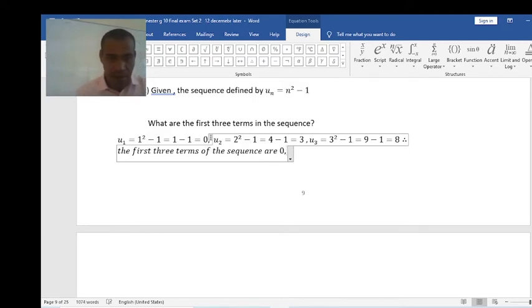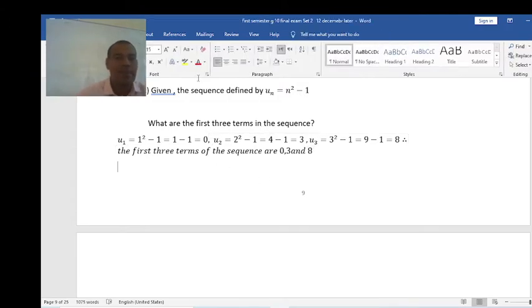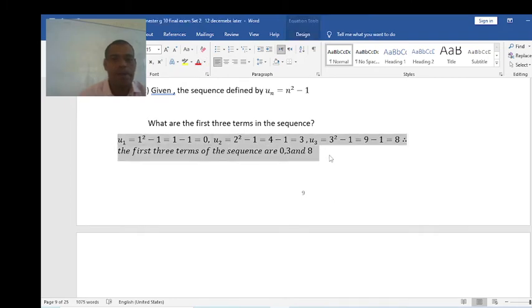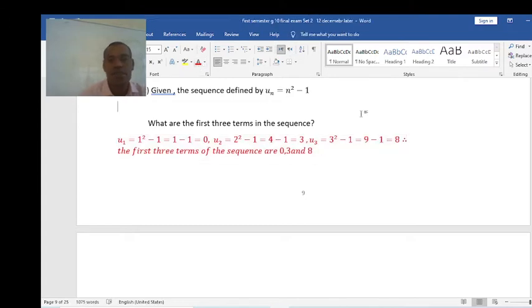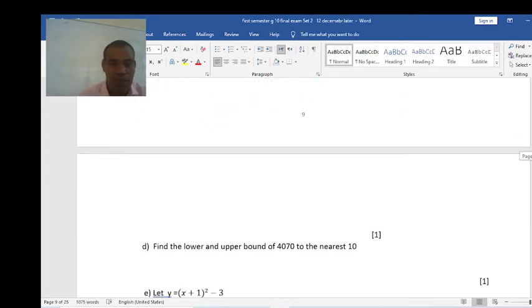Then we have 0, 3, and what? And 8. This is the answer, my learners. This is how you can answer a question like that. Clear? We'll move to the next one.